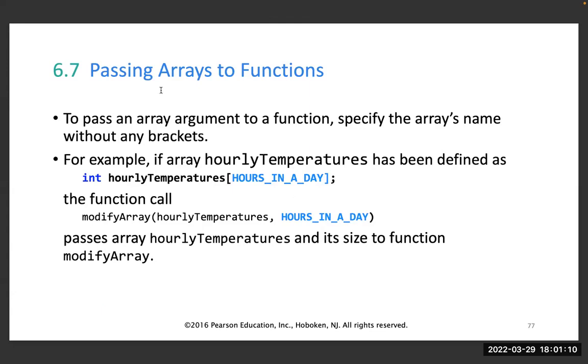Okay, so passing arrays to functions. To pass an array argument to a function, we just need to specify the array's name without any brackets. This is because the array's name is just the memory address of the array. It's the memory address of the first element of the array.